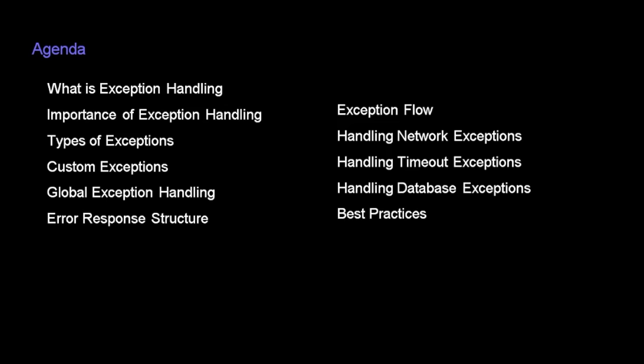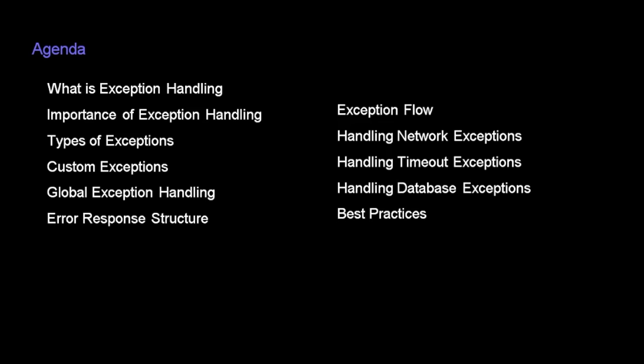Today's agenda is: what is exception handling, why exception handling is important, different types of exceptions, and custom exceptions, for example customer not found, student not found, employee not found, those types of things. Then global exception handling.